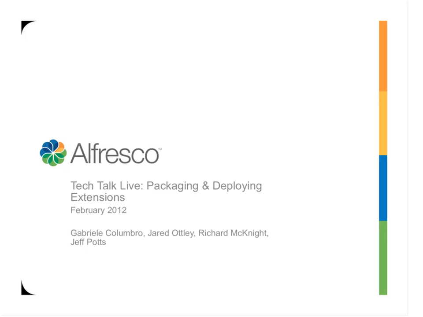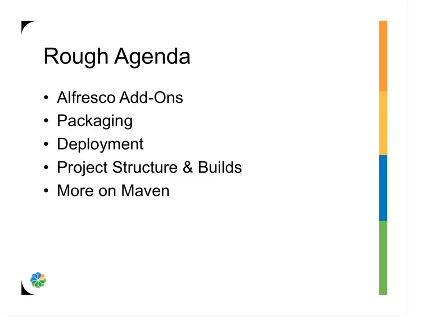So anyway, why don't we jump right into it? The rough agenda. So these are supposed to be less formal and not so much about slides. So that's why I'm calling this a rough agenda. We're going to start out with a little plug for Alfresco Add-ons, which is a new site that you should be aware of for listing your add-ons that you develop for Alfresco.